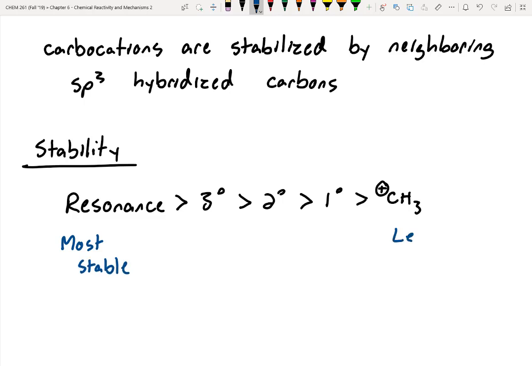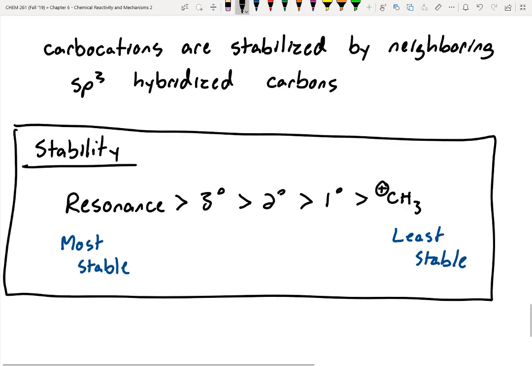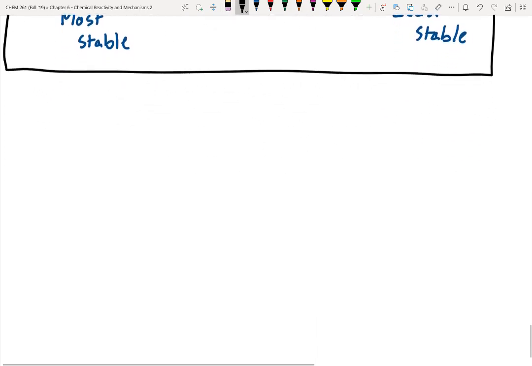This is least stable. Does that make sense? So it's similar to resonance where you get the stabilizing interaction, but you're not actually spreading the charge around. You're just getting a weak stabilizing interaction from a neighboring sp3 orbital. All right, so I know it's a little bit tricky. So let's go back into examples of rearrangements.